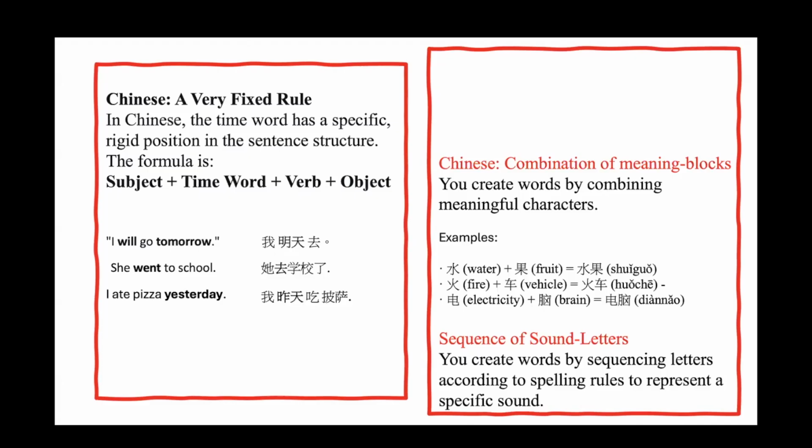She went to school. 她去学校了. So the 了 is very important. Why? Already. That's why a lot of Chinese-spoken English speakers will always say, I went to school already. Why? Because they are used to the nature of the language.